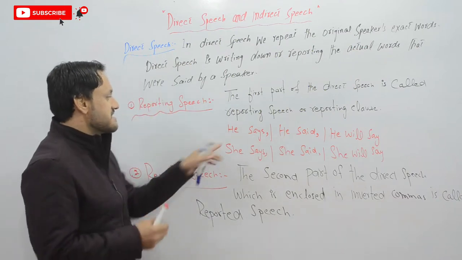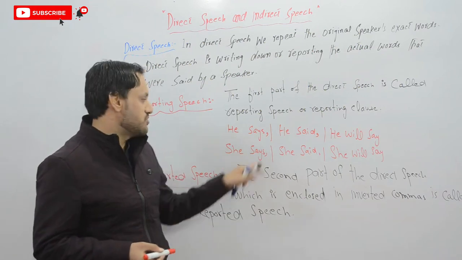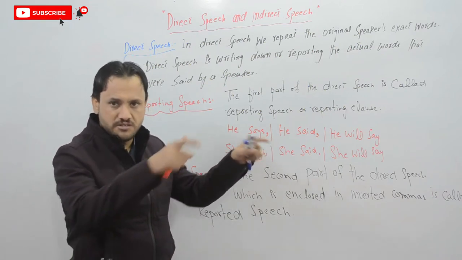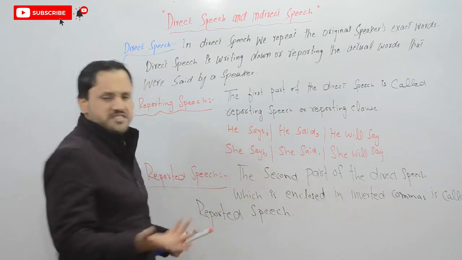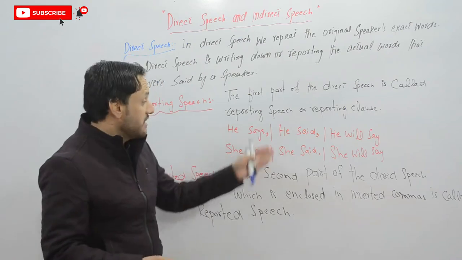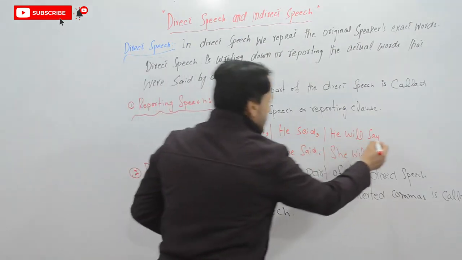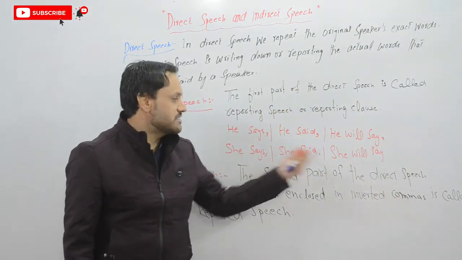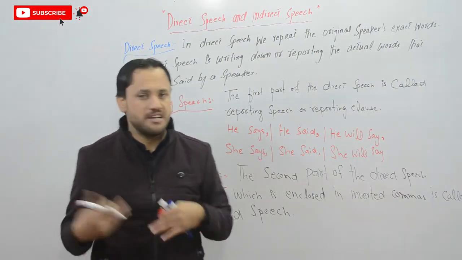For example, he says. After reporting speech or reporting clause, we usually put a comma if it comes before the reported speech. Like he says, she says, it says, or he said, or he will say, comma, or she says, or she said, or she will say, etc. Or they say, they said, I say, I said.